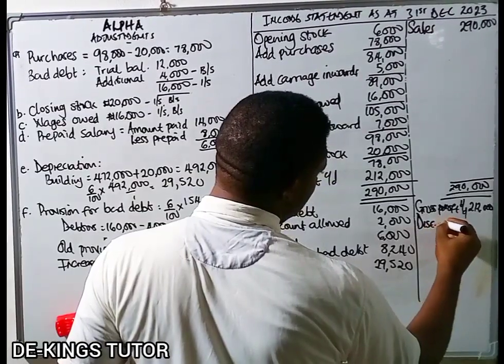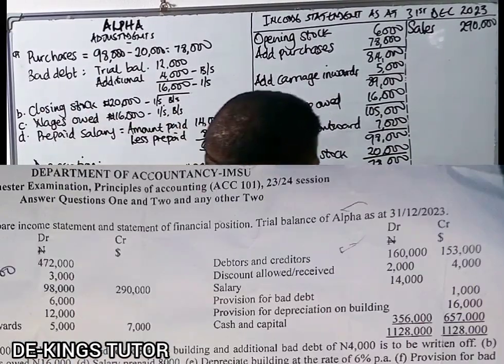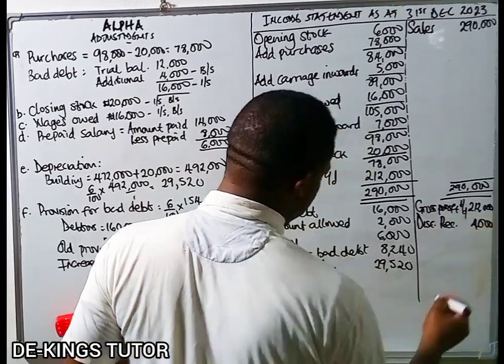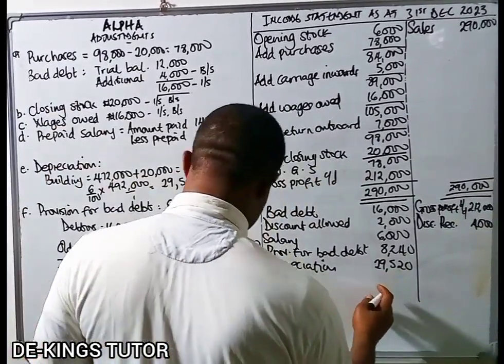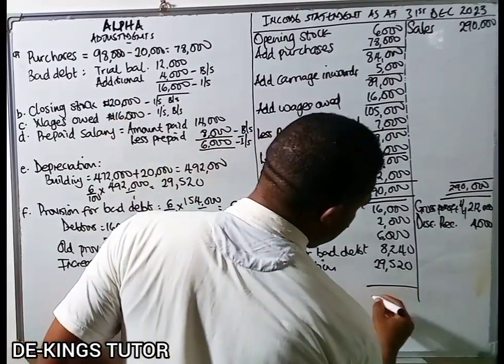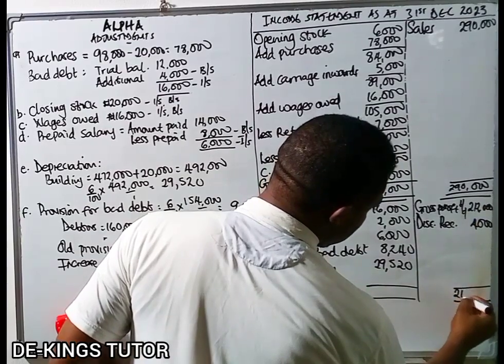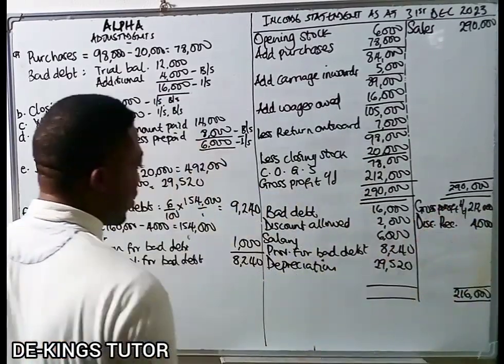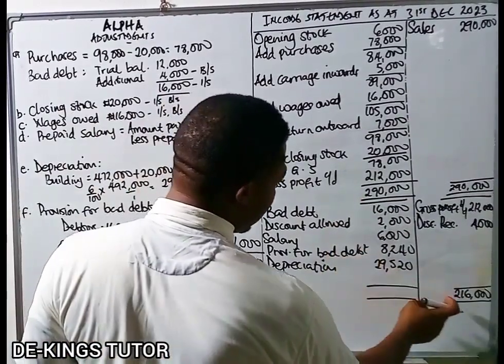Now the next thing we're going to check on the income side is our discount received. How much is discount received? 4,000. 212,000 plus 4,000 will give us 216,000. That's the only income that is received there. So if you add all this, it's now up to 216,000.